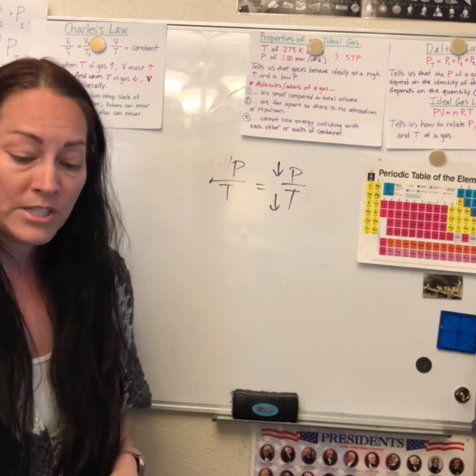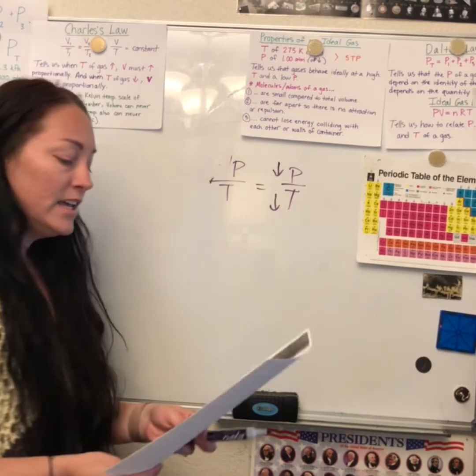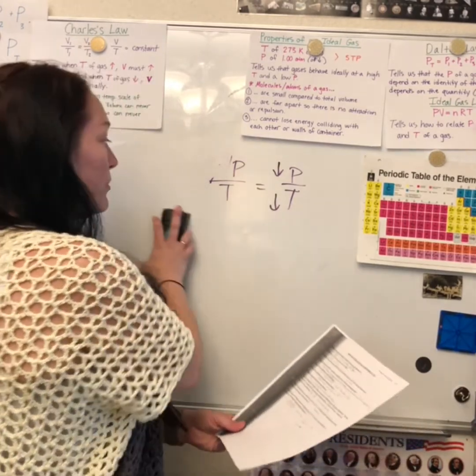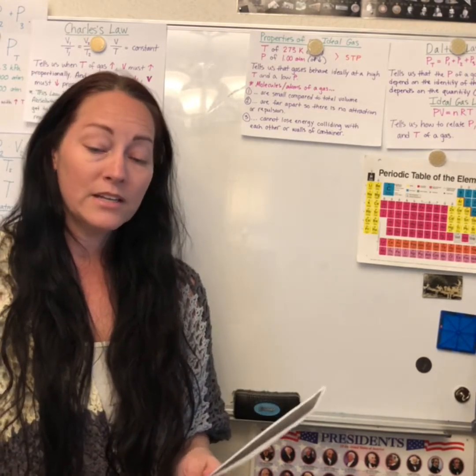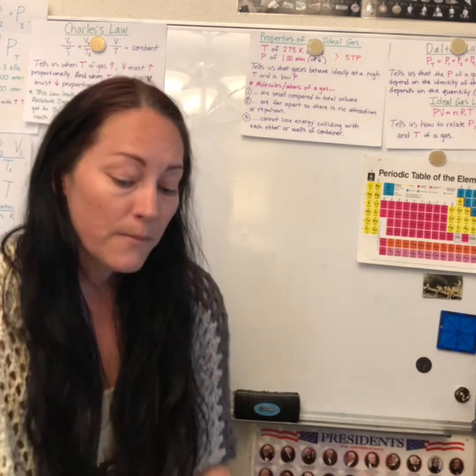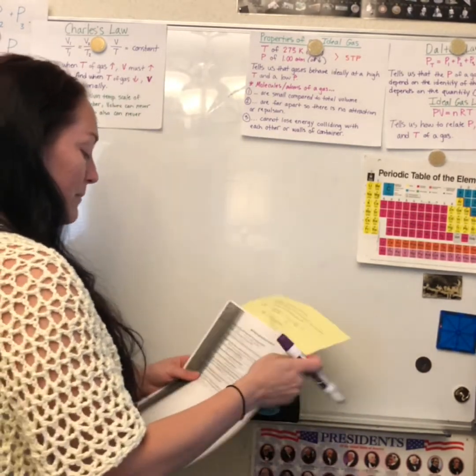All right, last one, number 10. It says the mole fraction of nitrogen gas in compressed air is 0.78. If you have 1,000 molecules of compressed air, how many will be nitrogen molecules? So they said the mole fraction. So let's go ahead and just put that up here really quick.